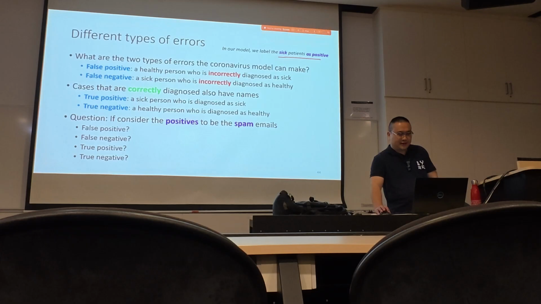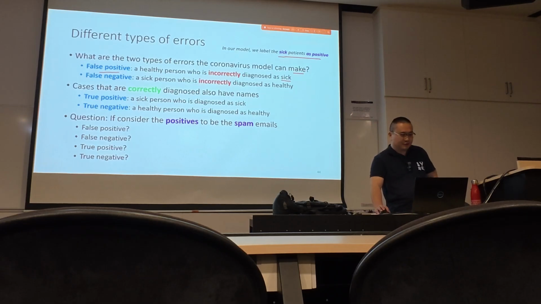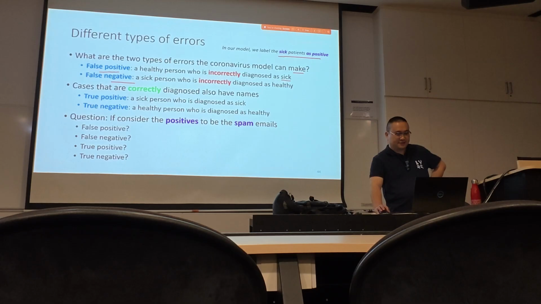Then what are the two types of errors the coronavirus model can make? First, the model can make false positive errors, which means that a healthy person is incorrectly classified as sick. The model can also make false negative errors, which means that a sick person is classified as healthy.